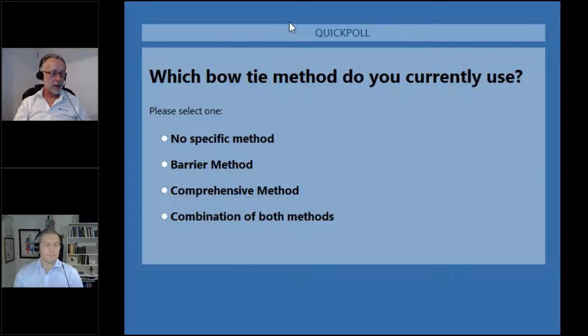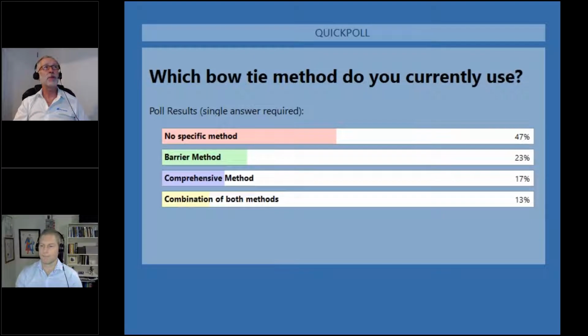So 15 seconds. Okay, 5 and close. I think we got most people because we're only looking for about 50% of the vote now. I'm going to close and share with you now. Let's see what we've got.